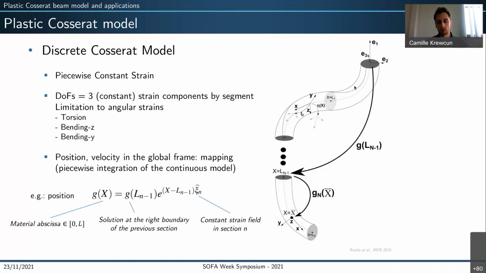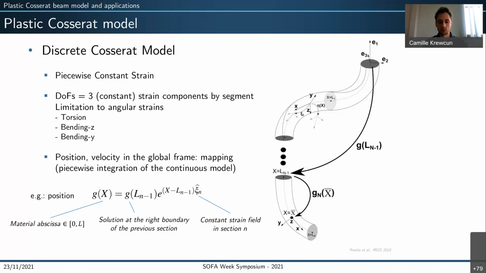Mainly, in the beam Cosserat model, we have a strong assumption that each beam element has a constant strain inside the material. The second difference is that whereas in the classic Timoshenko beam representation, the degrees of freedom of the beams are position and orientations, here in the discrete Cosserat model, we describe each beam segment with 3 degrees of freedom of strain directly.